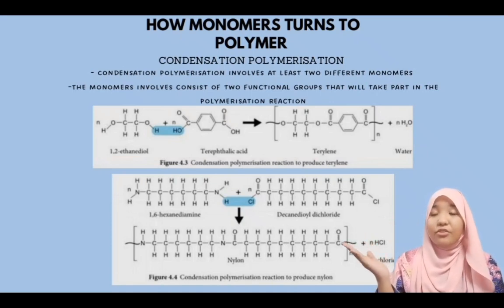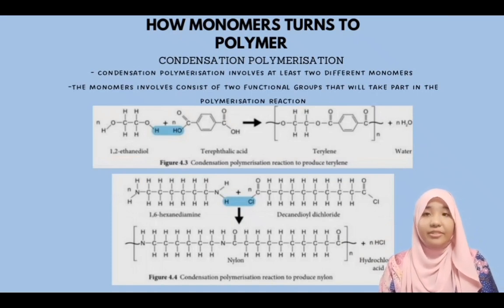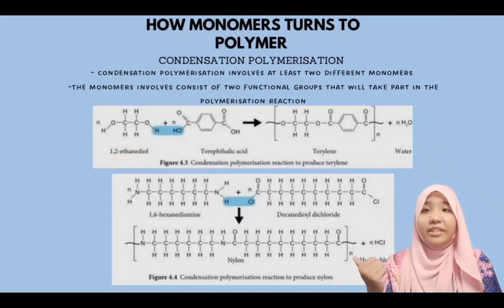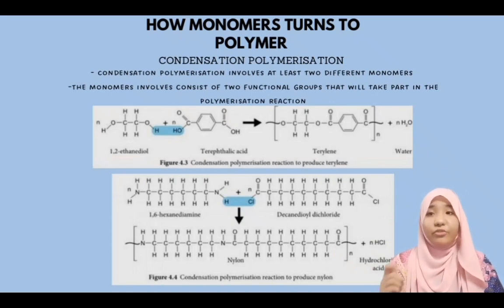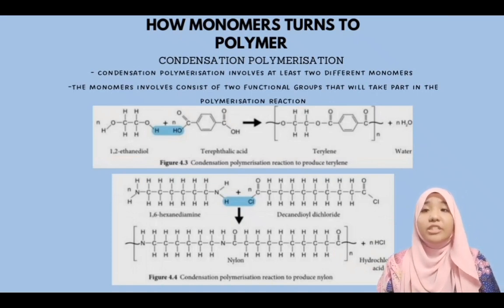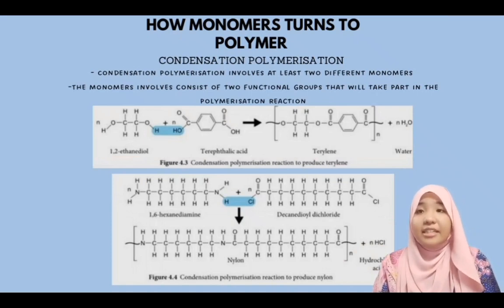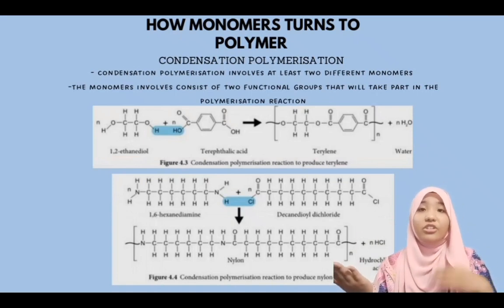As we can see from figure 4.3, a condensation polymerization reaction produces terephthalate. Ethanediol and terephthalic acid produce polyterephthalate and water. For figure 4.4, a condensation polymerization reaction produces nylon. Ethanediamine and decanedioyl dichloride produce nylon and hydrochloric acid.